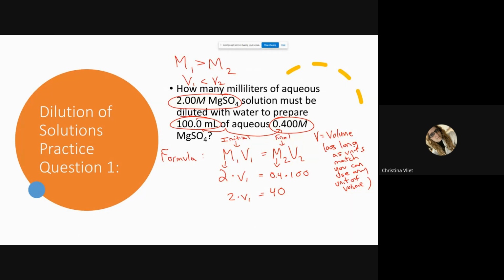Divide by 2. And you get V1 equals 20. What is the unit of volume? If we start with milliliters, we end in milliliters. The only thing you've got to remember about volume is they've got to match. So this is milliliters.